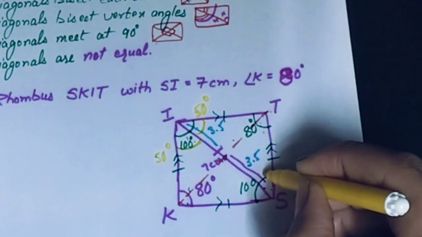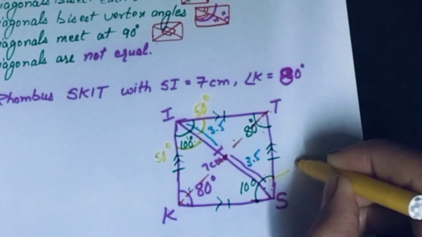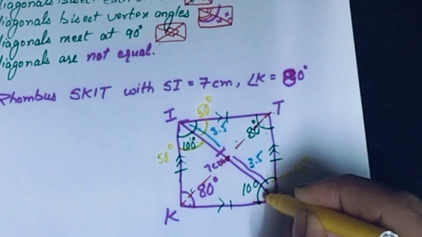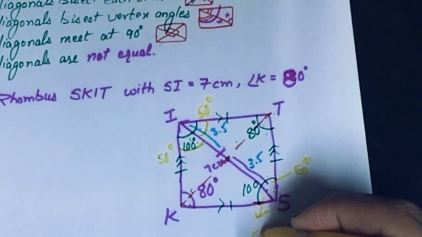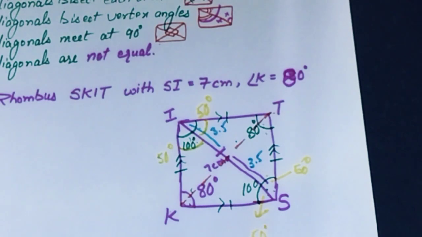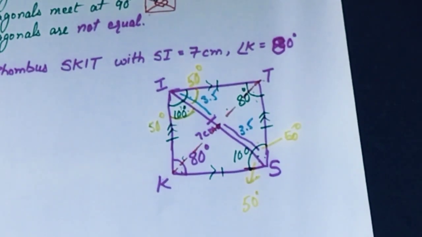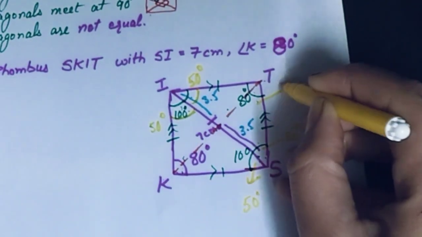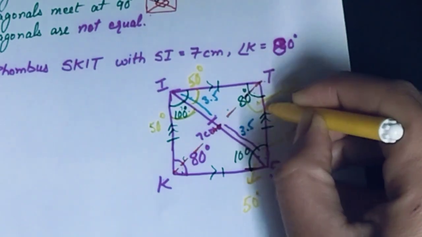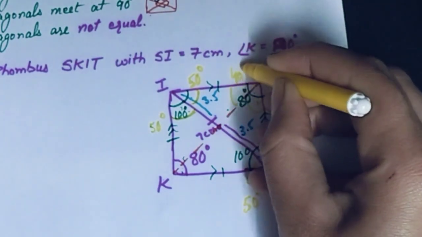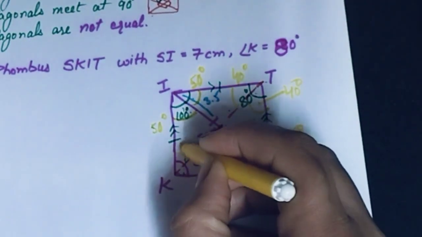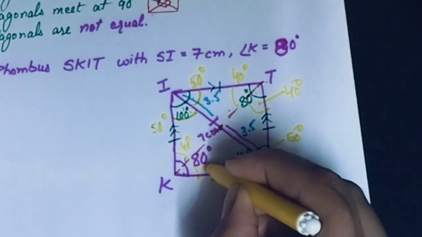Similarly, this is 50 and that is 50, because this was 100, so the two equal parts are 50 each. This is what I mean by diagonals bisect the vertex angles. Similarly, how much is this angle? 40 degrees. And this angle is also 40 degrees. This is 40 and this is also 40.